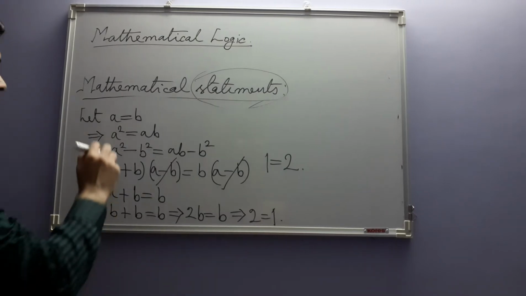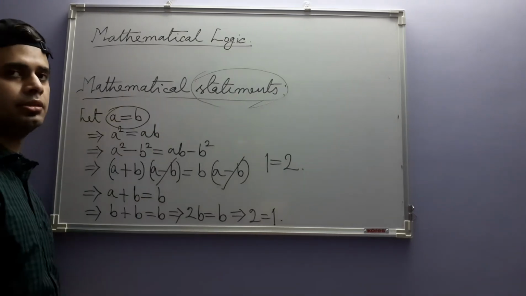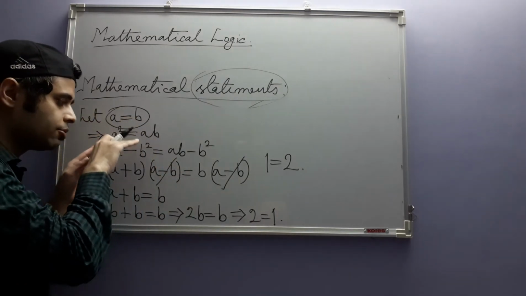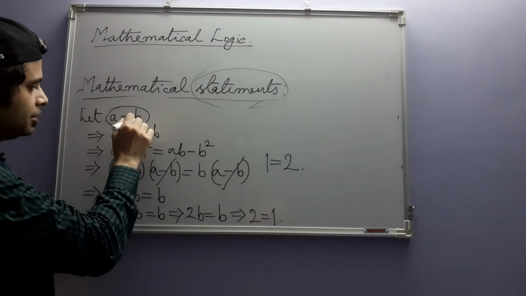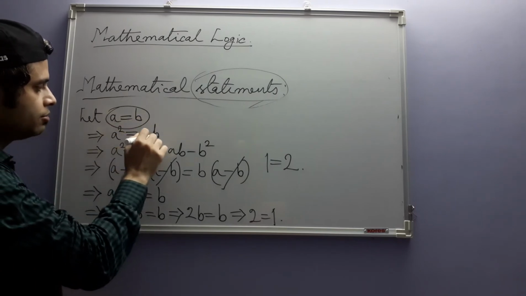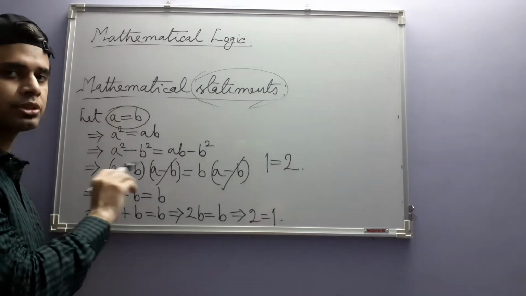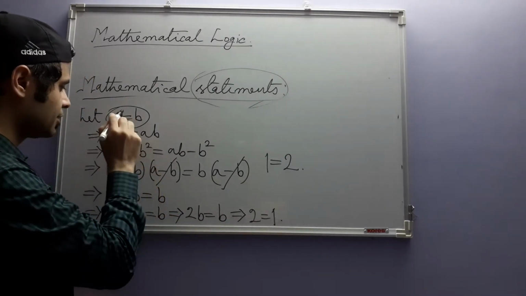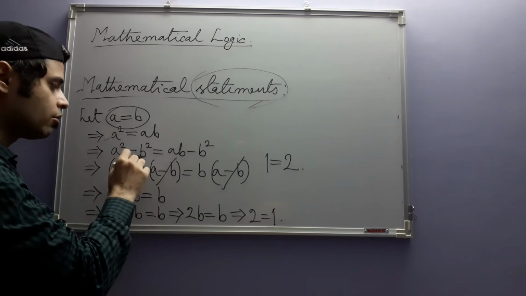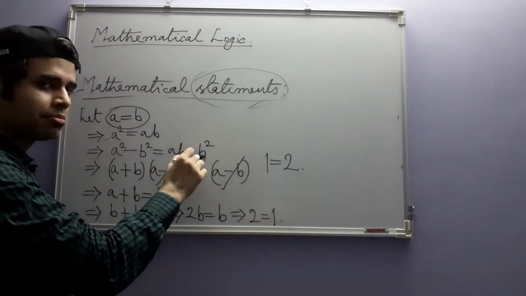Okay, so first of all, this is our hypothesis and we are carrying out mathematical steps. A is equal to B, A square is equal to AB. We can multiply both sides by A, that is permitted. There is no problem with that. So far it is okay. And we can also subtract the same number from both sides.